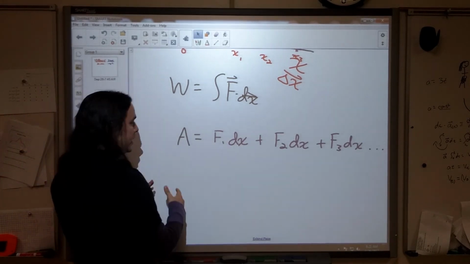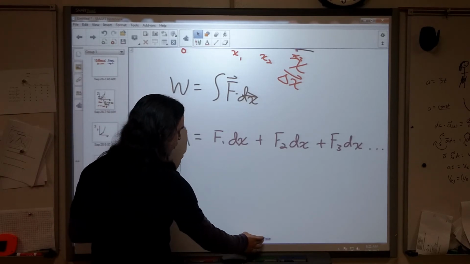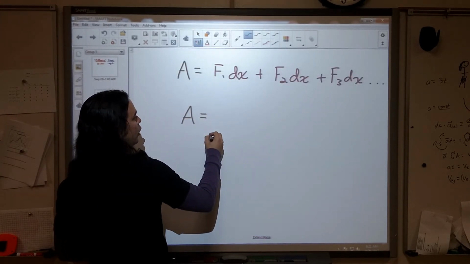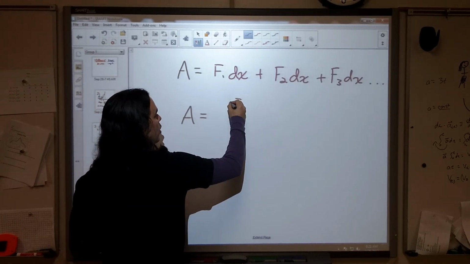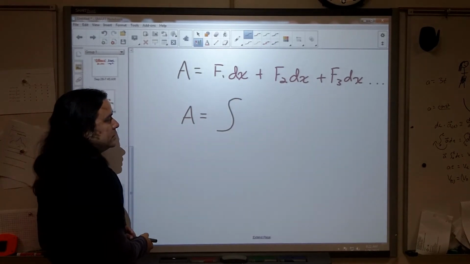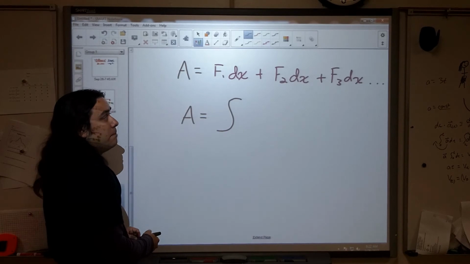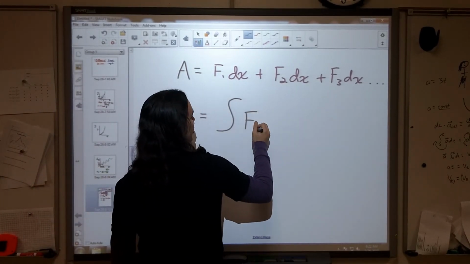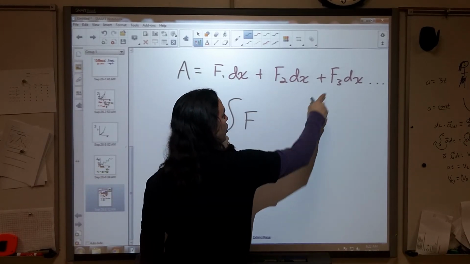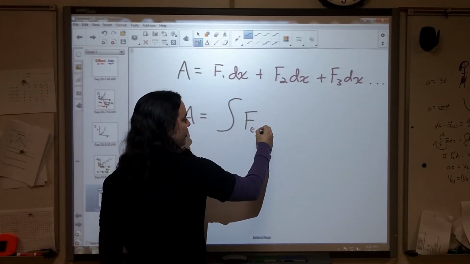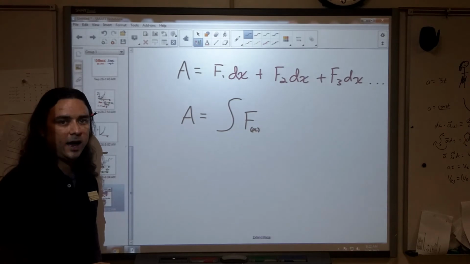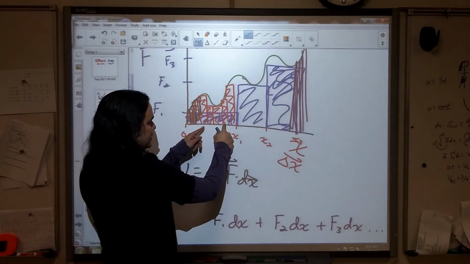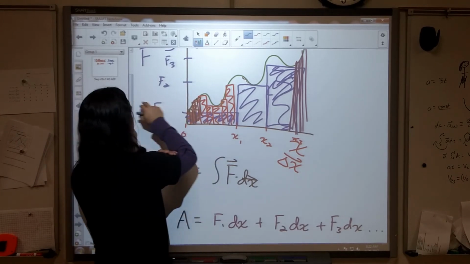Okay, well, instead of writing it that way, because that would take us forever, we have a different notation. My area under the curve would be equal to, we use this squiggle, because it looks like an S for summation. Summation means to add everything up. I'm not going to do F1 or F2 or F3, I'm going to do F, and it's technically a function of X. Because whatever my X is, let's say X equals 3, I'll end up with an F up here somewhere.